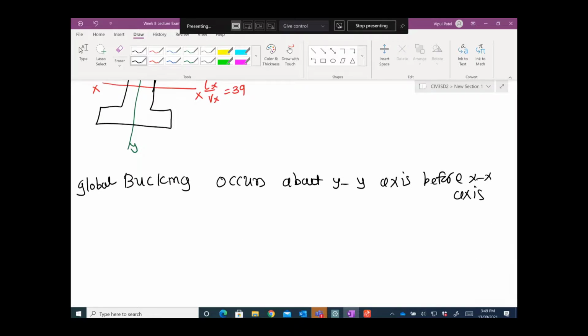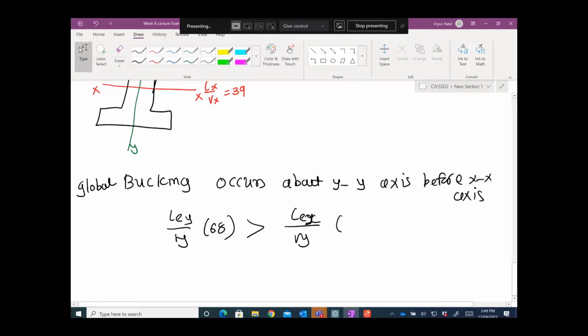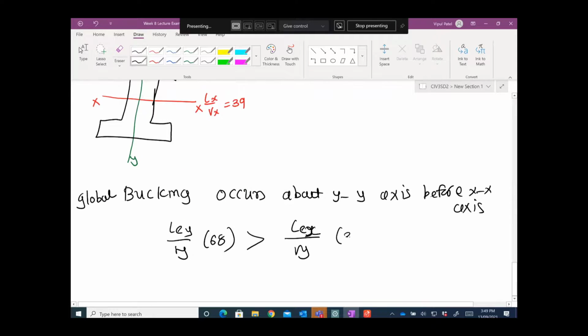Because Ley over ry, which is 68, the slenderness ratio, is greater than Lex over rx, which is 39. Therefore the y-axis is the weak axis, and the x-axis is the strong axis.